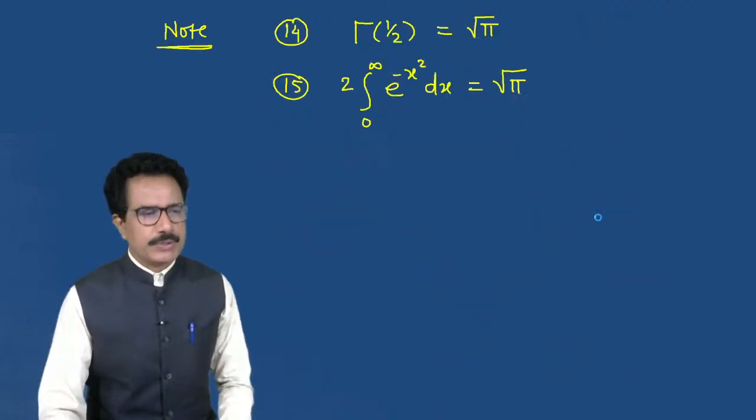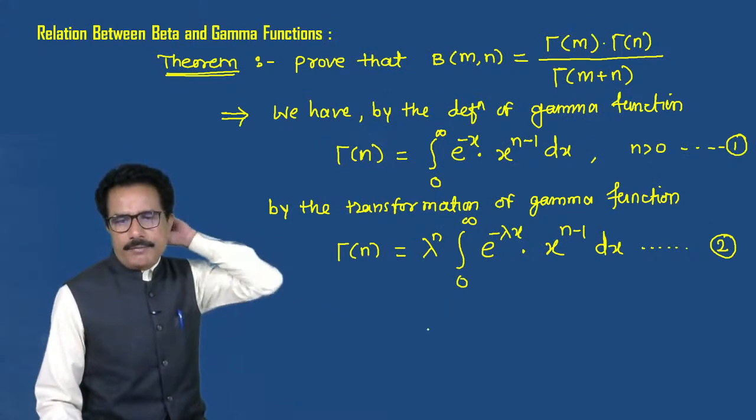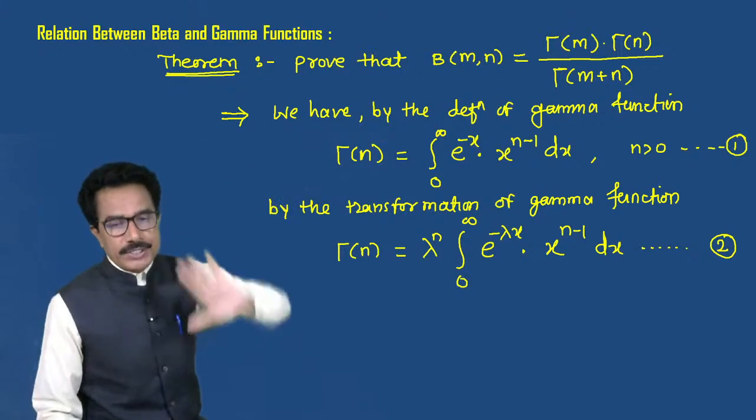Okay, so we can write this. This is the part. Now we have to prove gamma m into gamma n in this way.